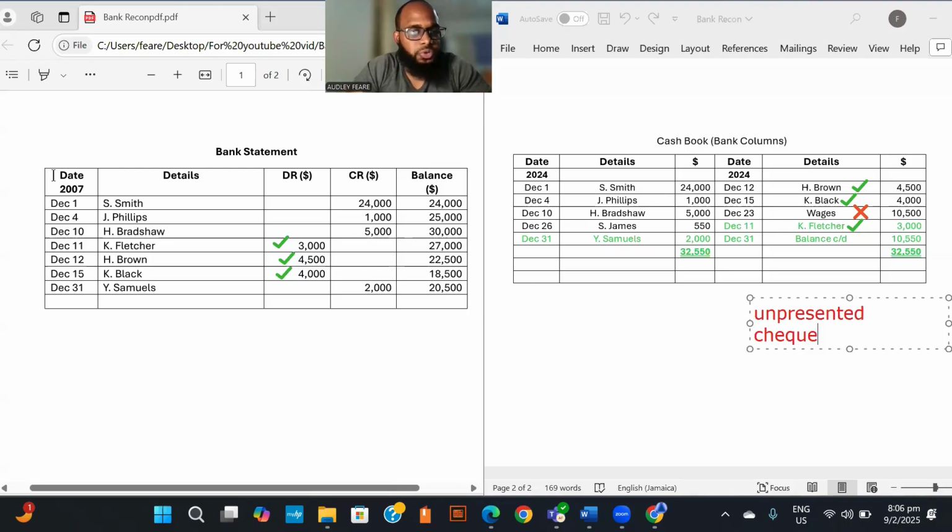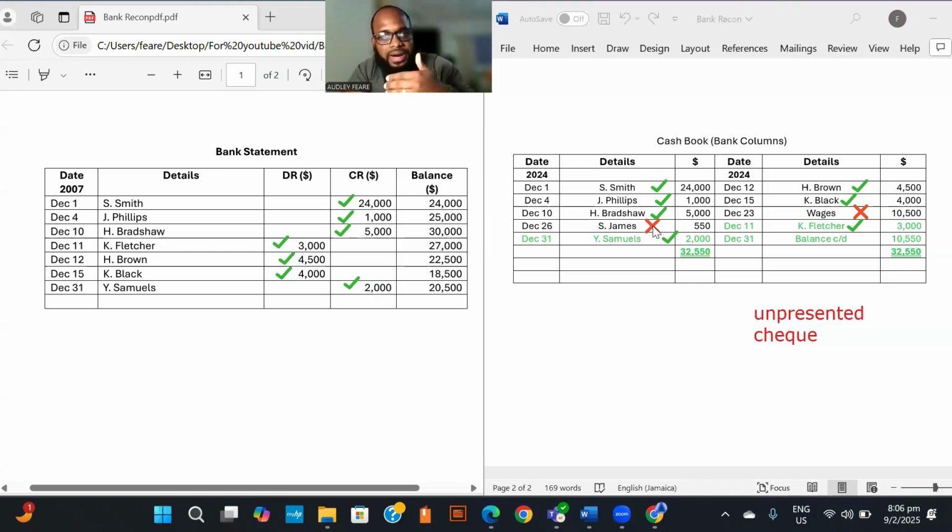Now let us go to the debit side of our cash book and the credit side of our bank statement. So we have the 24,000, we have the 1,000, we have the 5,000, we have the 2,000, but we do not have the $550 from S. James. So now we're seeing what we don't have on the debit side. On the debit side, of course, we're getting money.